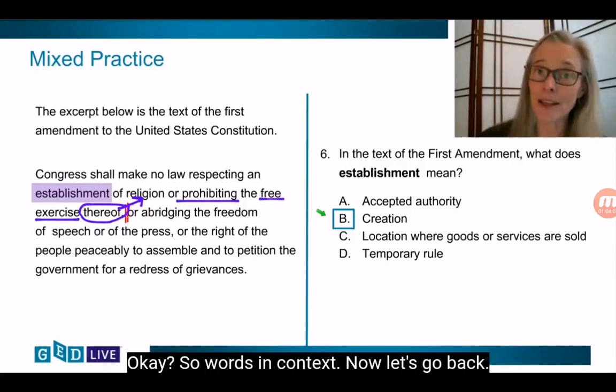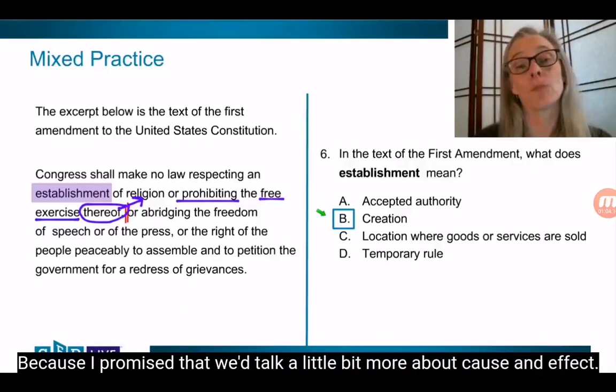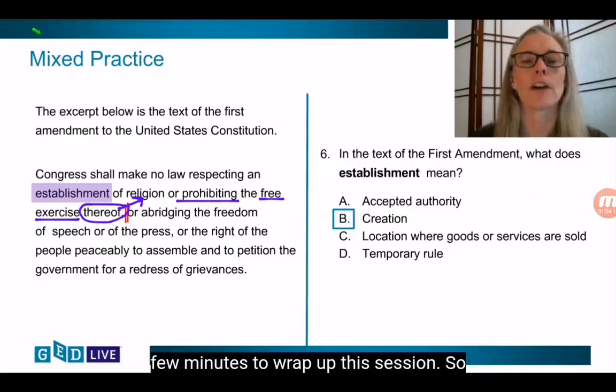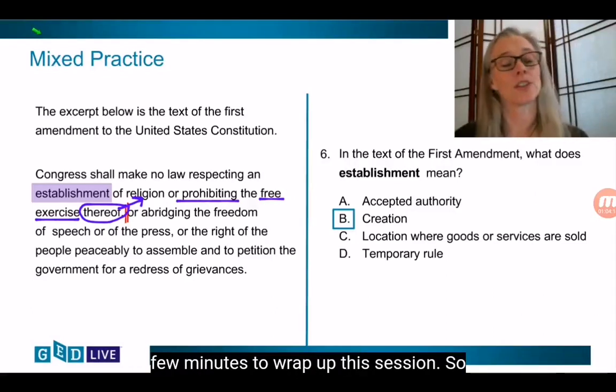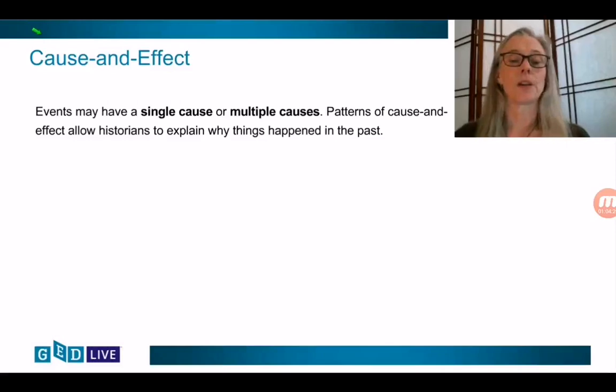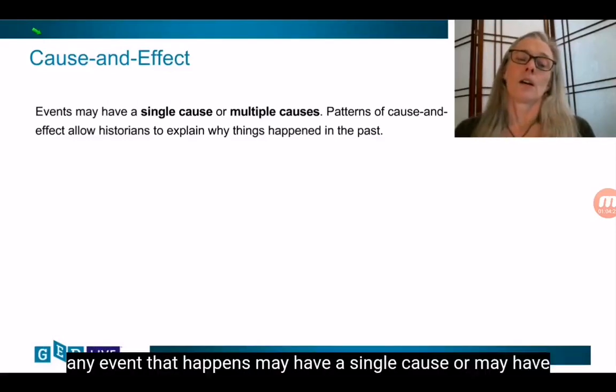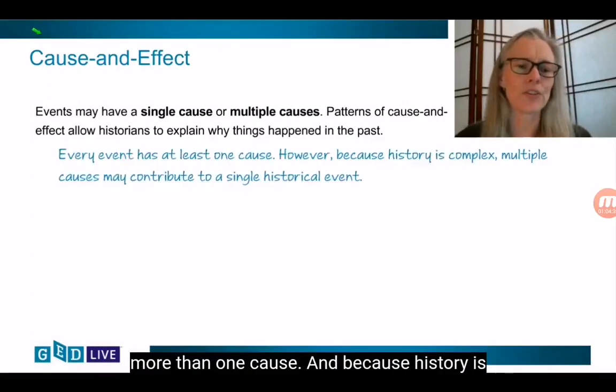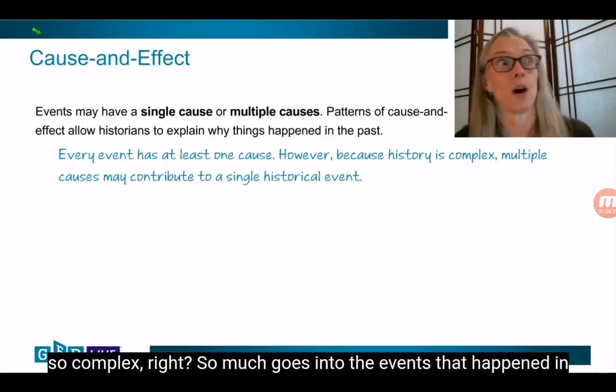Now let's go back, because I promised that we'd talk a little bit more about cause and effect. So let's go back to that concept for a few minutes to wrap up this session. Any event that happens may have a single cause or may have more than one cause. And because history is so complex, right?